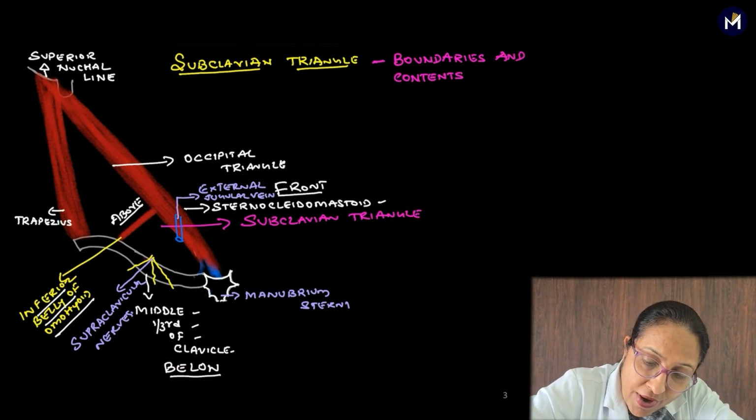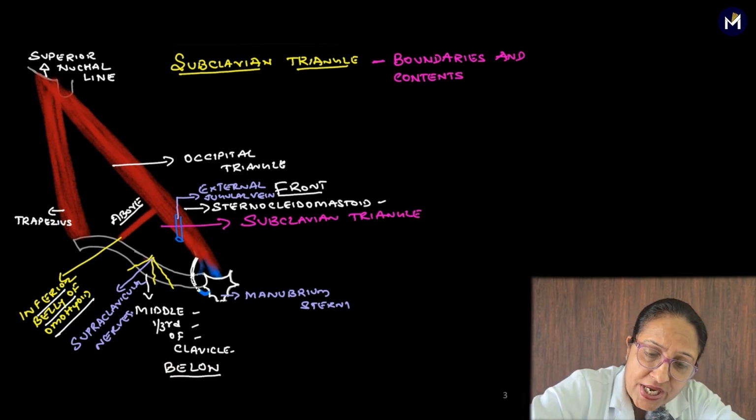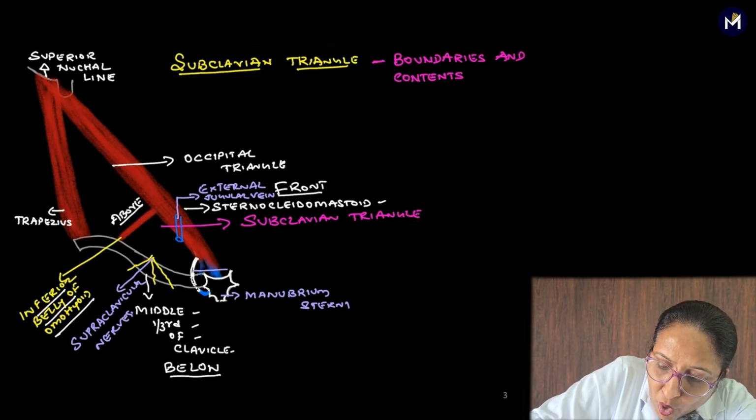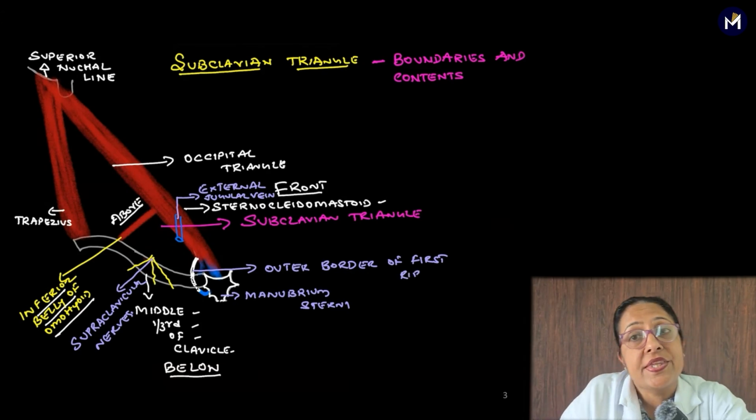See, you have the first costal cartilage here, and this is the first rib. We can only appreciate the outer border of the first rib. The outer border of the first rib forms the floor.